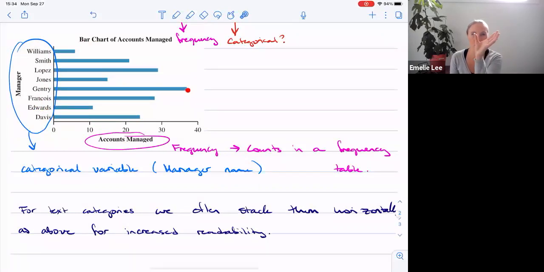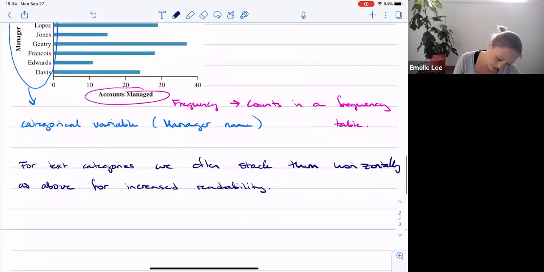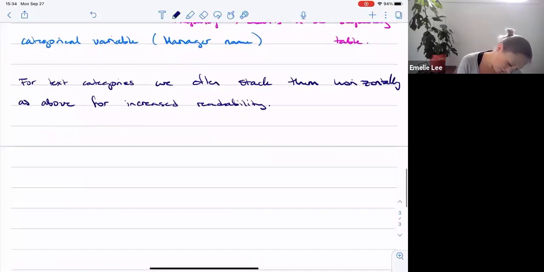Because then it's going to be easier to see who has the most accounts, who has the fewest accounts, and who has the middle of the road accounts. So we could also order the manager names.